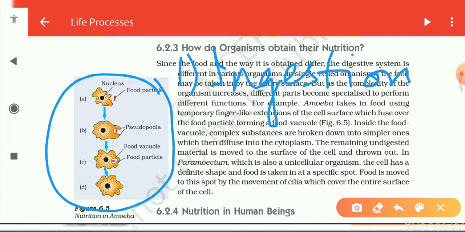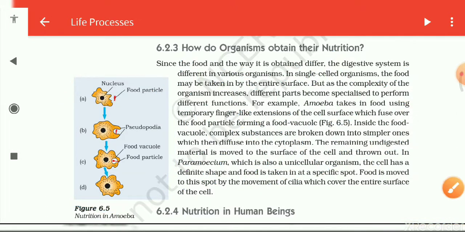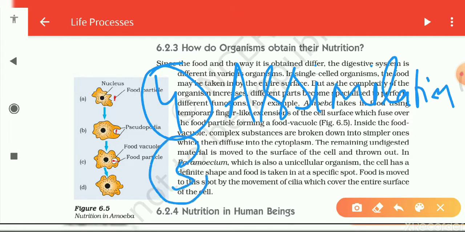First one is ingestion, second one is digestion, third one is absorption, fourth point is assimilation, and fifth point is egestion.